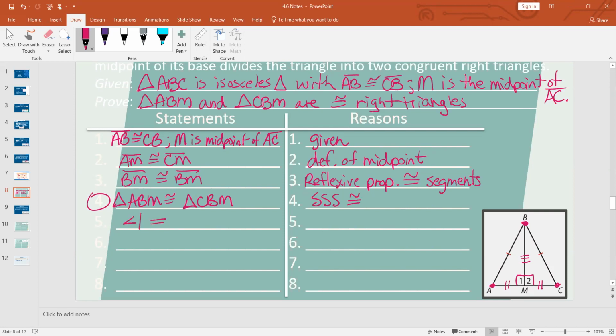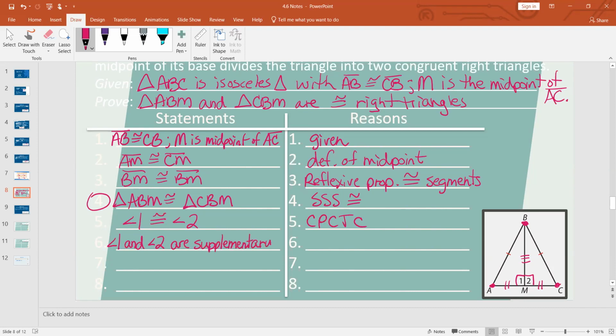Angle 1 is congruent to angle 2 because corresponding parts of congruent triangles are always congruent. Now that I've stated they both have the same measurement, I know that they make up a linear pair. So I know that angle 1 and angle 2 are supplementary.